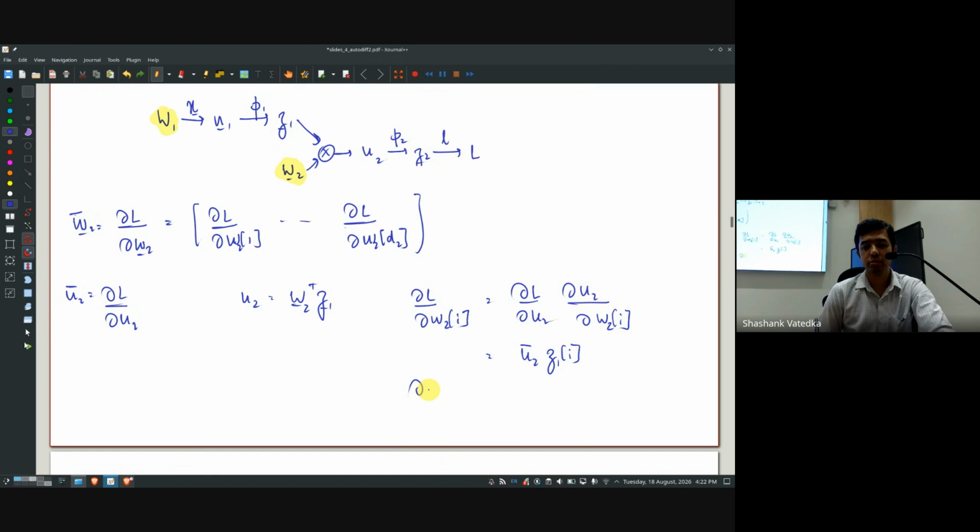So in this compact representation, the partial derivative of L with respect to the vector W is equal to U2 bar times the vector Z1.